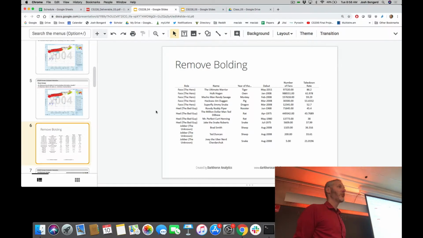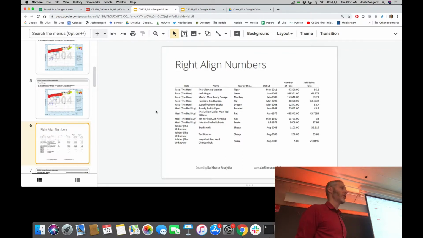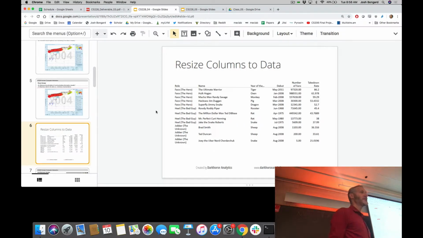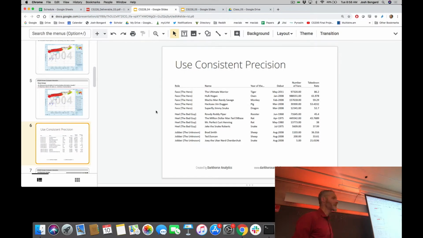Throughout this GIF, they are removing things. They are removing ink, but removing little to no data itself. Even in something as simple as a spreadsheet, there is a lot of work you can often do and little sort of tricks from visual design to clarify the information that's presented.